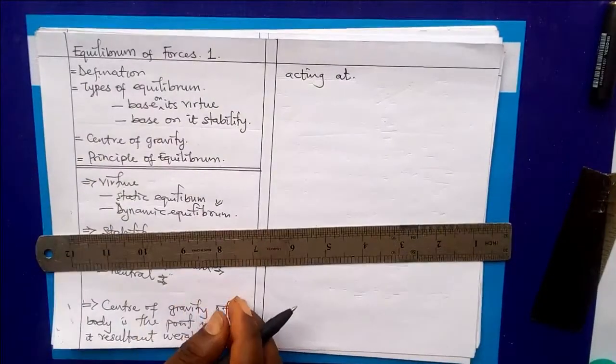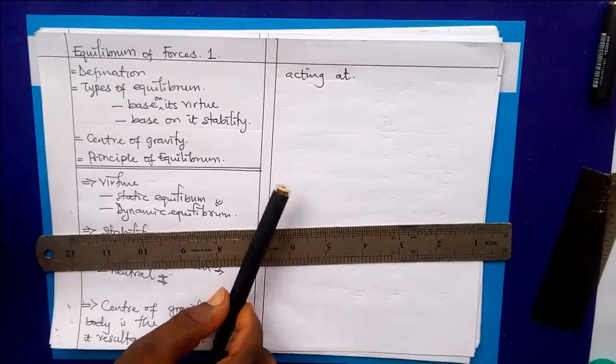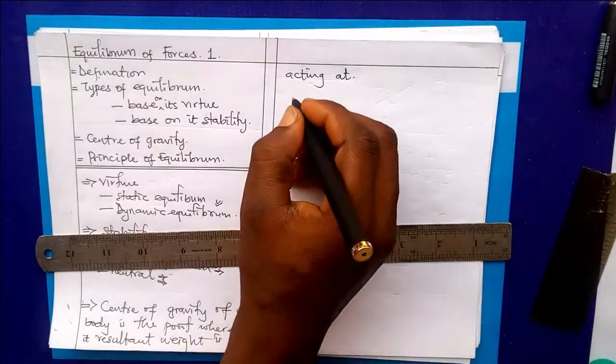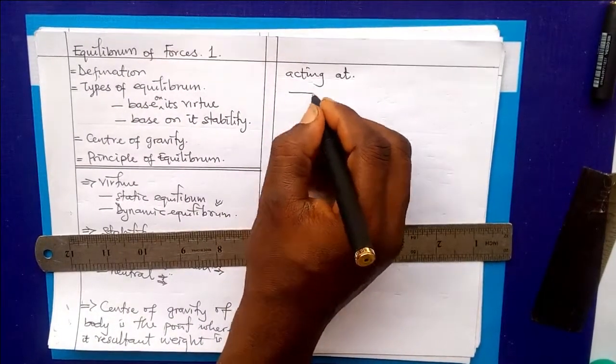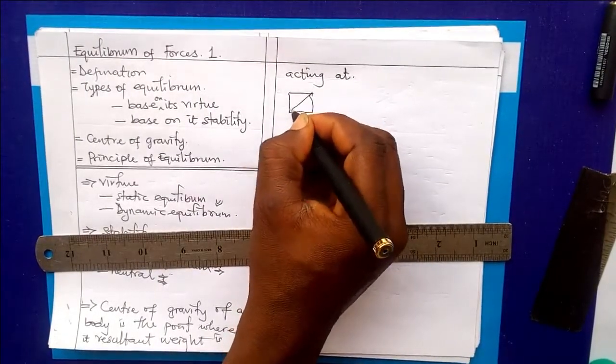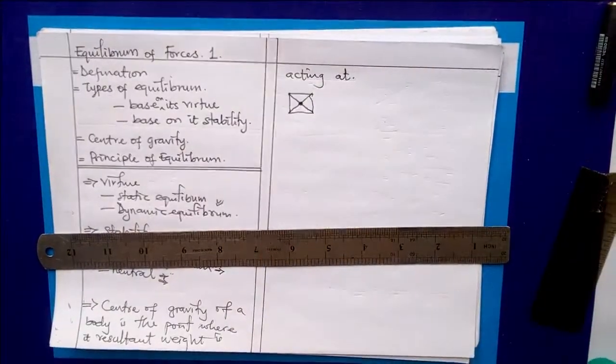Then the next thing we need to talk about is how to get the center of gravity of some shapes. There are techniques we use for getting the center of gravity of shapes. If it is a geometry like a rectangle, just draw the diagonals of it. The center here is the center of gravity.